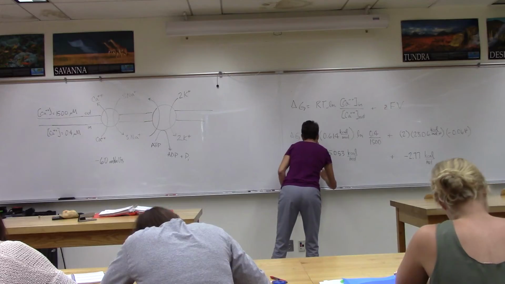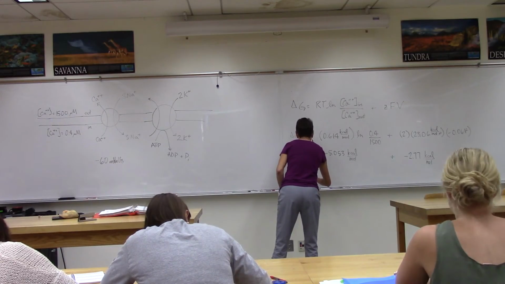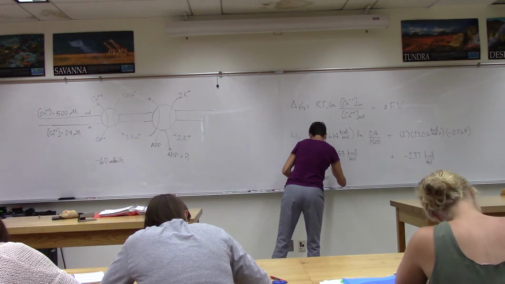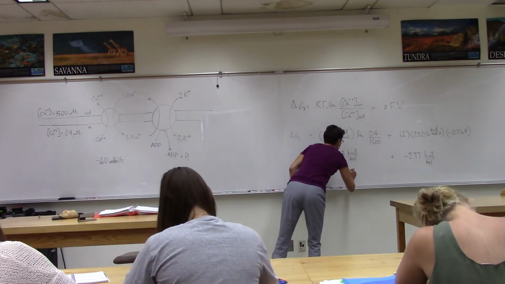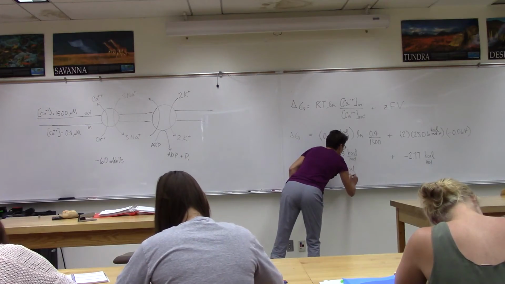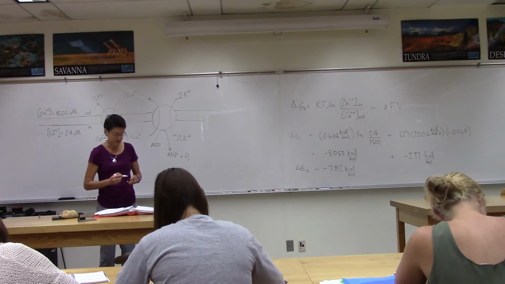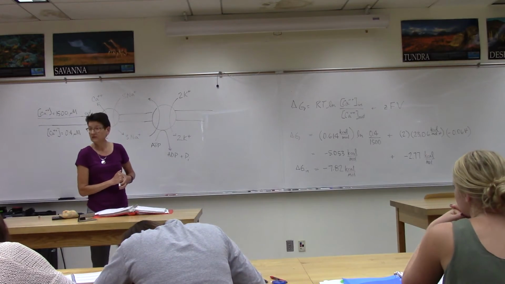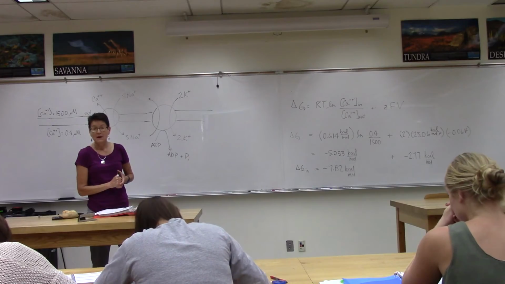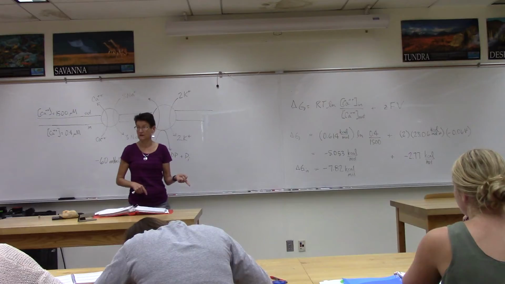But so this comes out to be minus 7.82 kilocalories per mole. Okay, so for the movement of calcium into this cell, this is how much energy is released per mole of calcium. Okay, but we're talking about pumping calcium out of the cell.